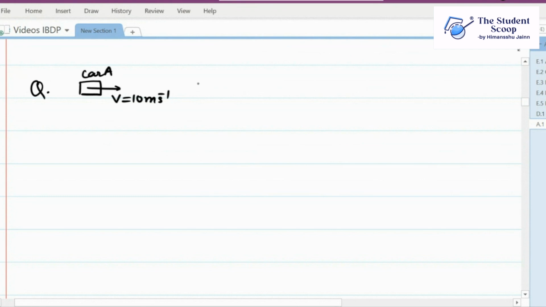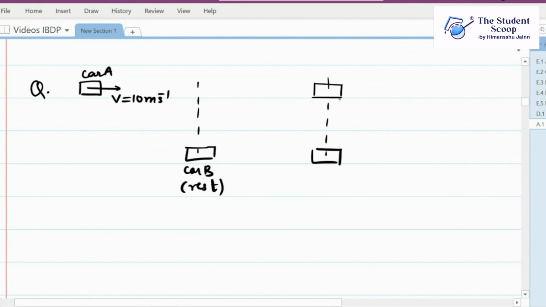At an instant, there is a car B, which is at rest. Now, when car A passes car B, the velocity is constant for car A. The car B starts to accelerate. Okay. So B is now accelerating.